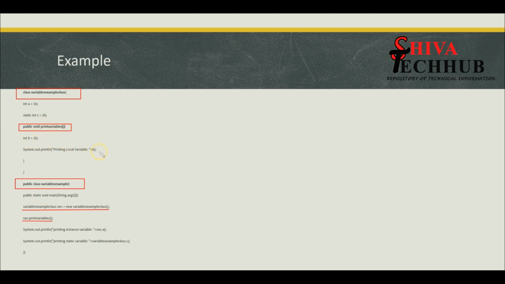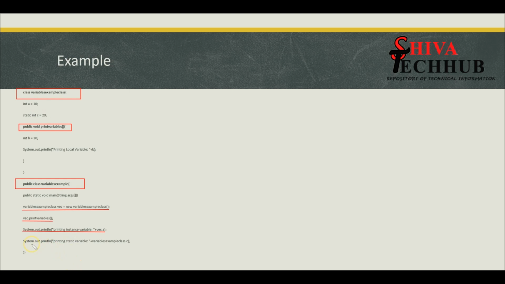printing local variable b. Now let us consider calling the instance variable. As I said, an instance variable will be called using an object. So the same object you are going to use, VEC, so it automatically points to this particular class dot a. Here I am just calling this variable and printing it to the console. So printing instance variable, it will print a equal to 10.